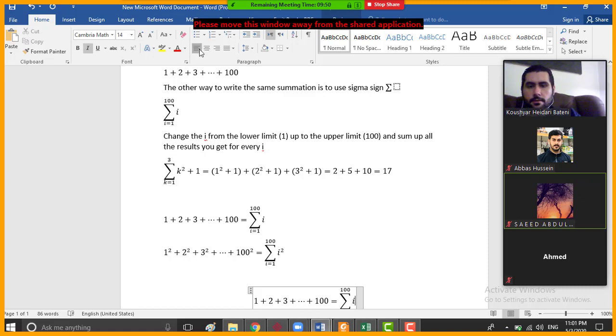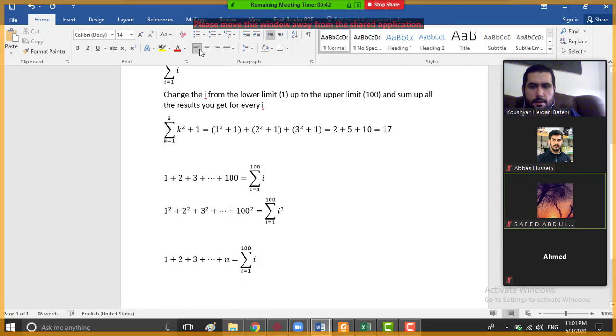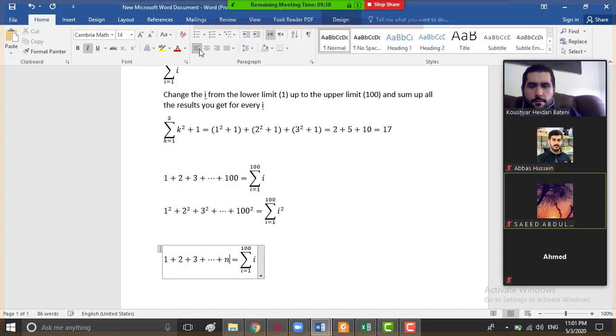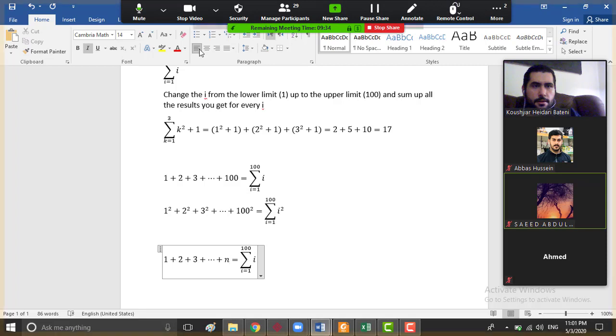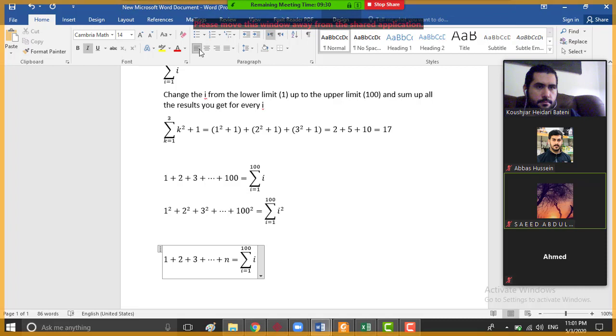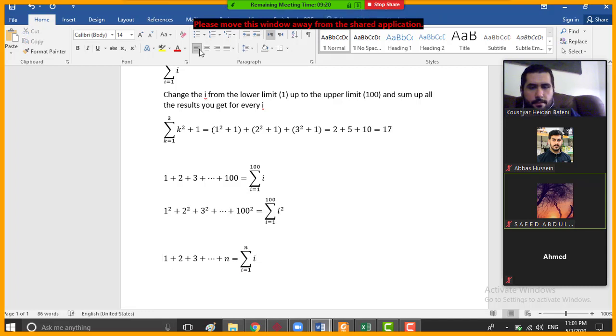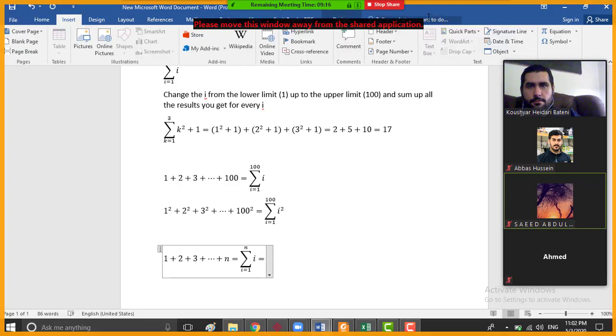Now, the formula is this: the summation of positive integers from 1 to n. Do you see the screen? The summation of positive integers from 1 to n, which, if we use the sigma form, we can write as sigma i from 1 to n of i, is equal to n times n plus 1 over 2.